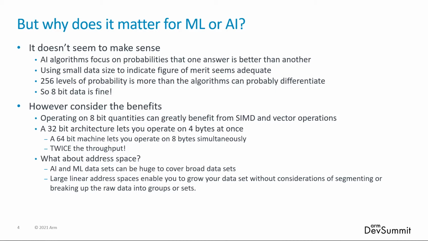Then there's the question of address space. While it's true that for many microcontroller embedded applications, the thought of 2 gigabytes feeling small seems ludicrous, in the case of machine learning datasets, however, this can be an exception.